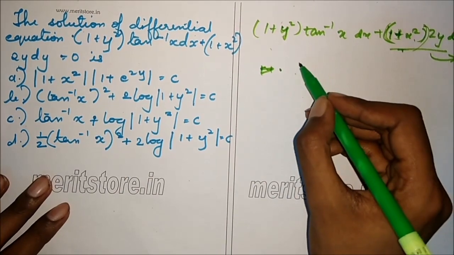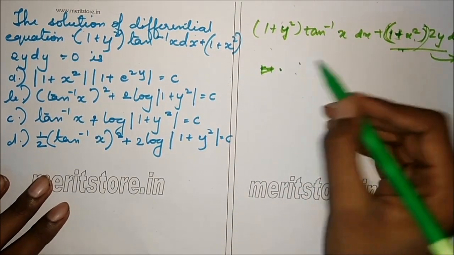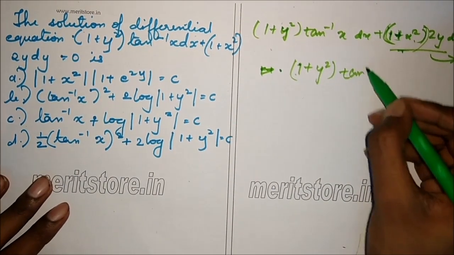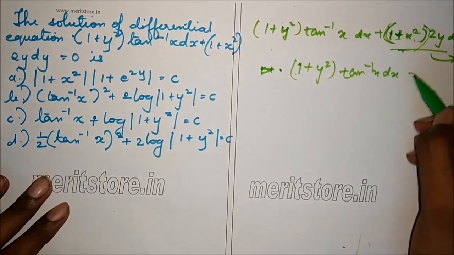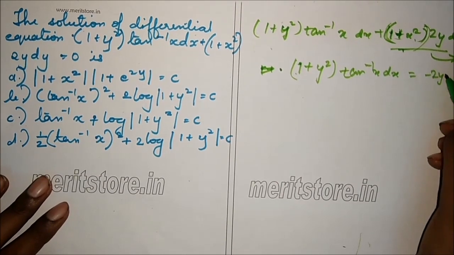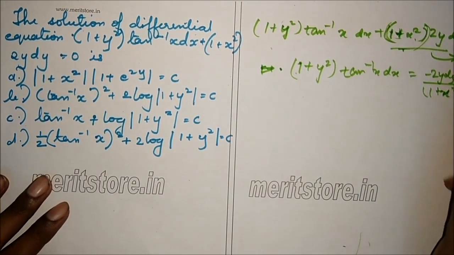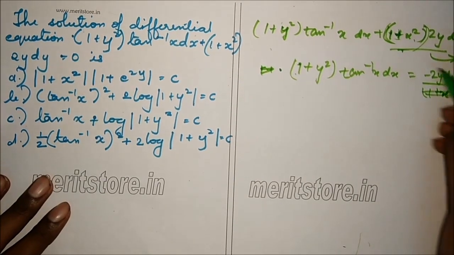This can be written as 1 plus y square tan inverse of x dx is equal to minus 2y dy divided by 1 plus x square.